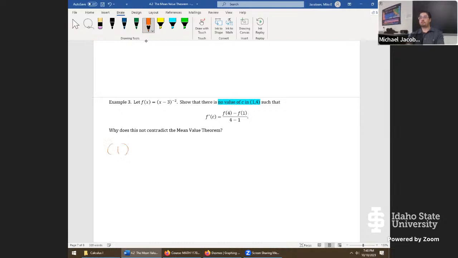Here's step 1 for the conclusion of the mean value theorem. You take the given function and just differentiate it. So let's differentiate that thing. So here, f prime of x. Once again, it's a chain rule, so let's be careful with this one. -2 is going to come down as a coefficient.